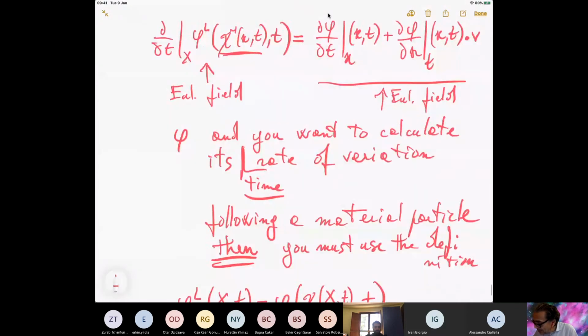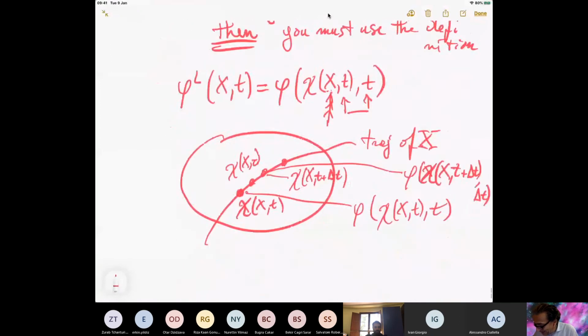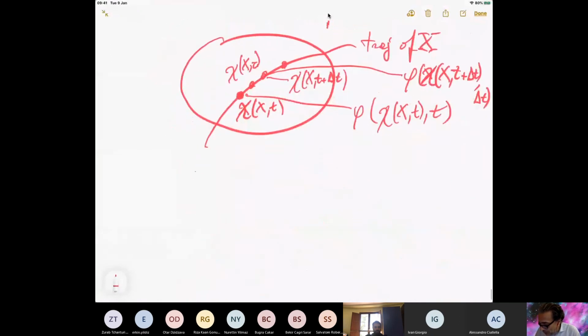As a consequence, and you learn by heart this magic formula whose meaning we have discussed in full detail, d over dt of phi, this is an Eulerian derivative, so you don't write phi lambda composed chi minus 1, okay?